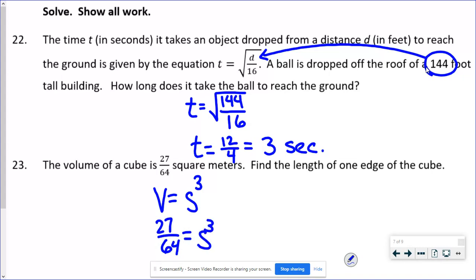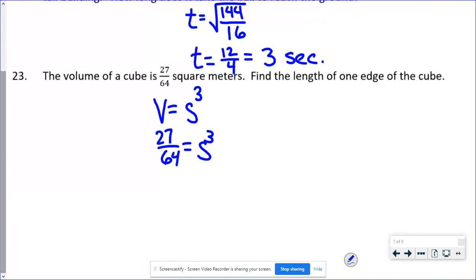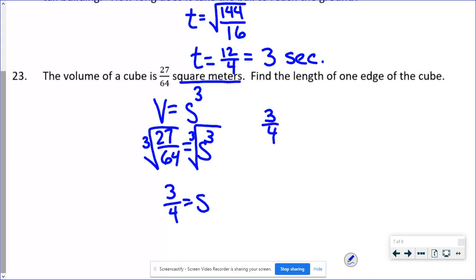So to get the side length to be just a regular S side length, I would have to take the cube root on both sides. Cube root of 27 is 3. Cube root of 64, be careful, is 4. And this was measured in meters. So it'd be 3/4 of a meter.